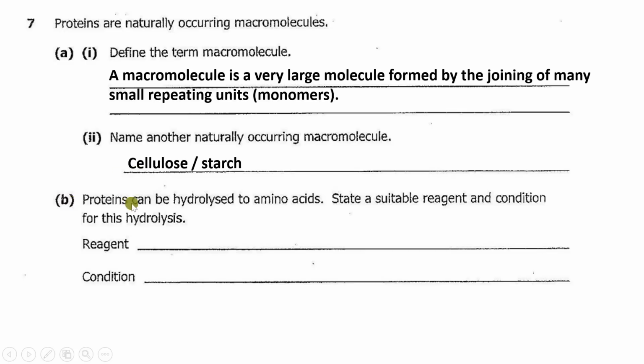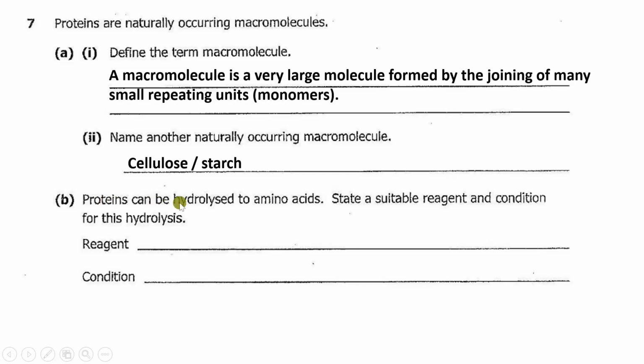Then B, proteins can be hydrolyzed to amino acids. State a suitable reagent and condition for this hydrolysis. So remember in that other question we found hydrolysis of proteins. They asked what are the products. This time they have already shown us the products.